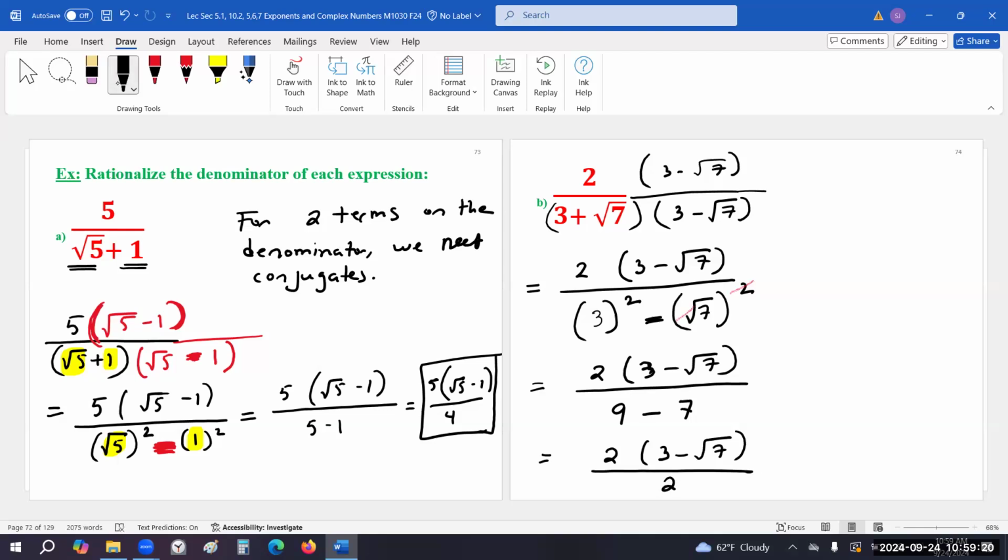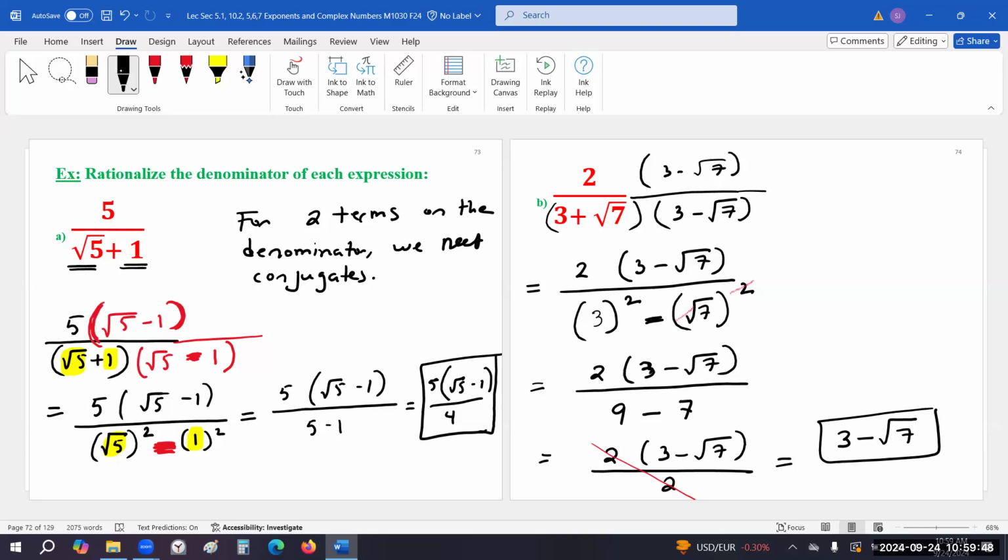Now do you see? What can you do with the 2 and 2? Cancel out. That's what I said. If you have a single number, don't distribute, because many times after the rationalization, we can actually cancel them. Okay?